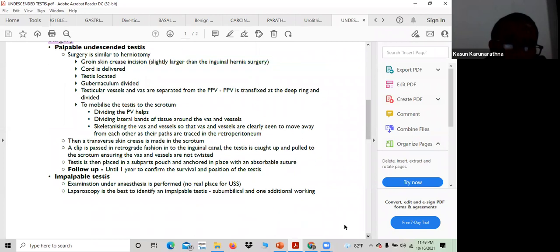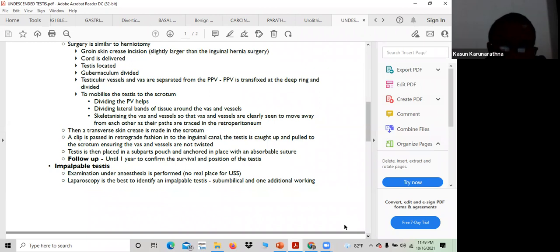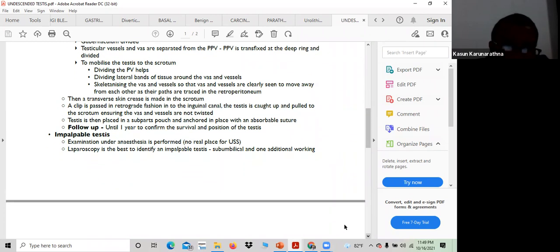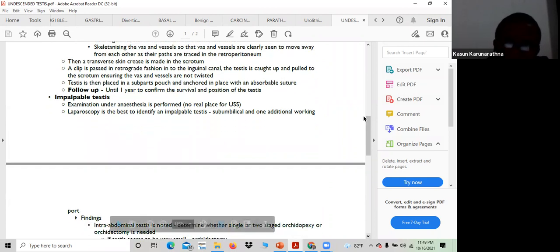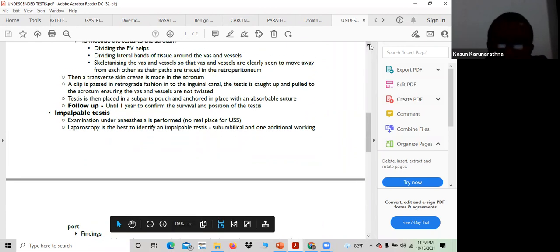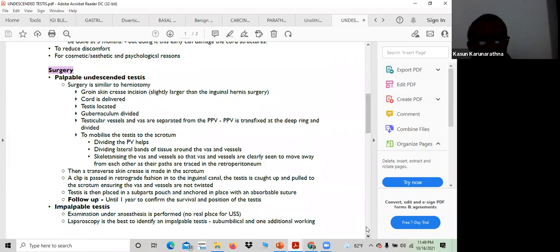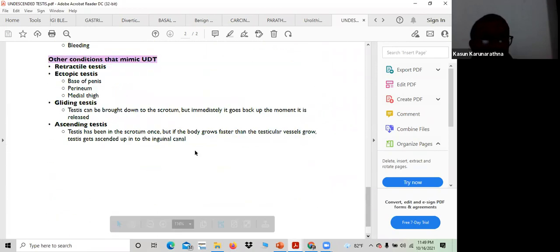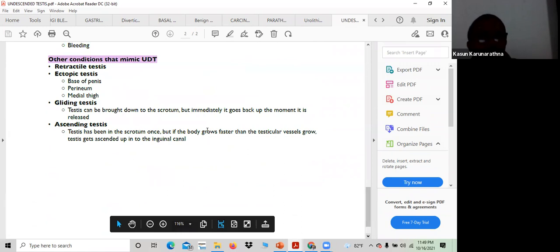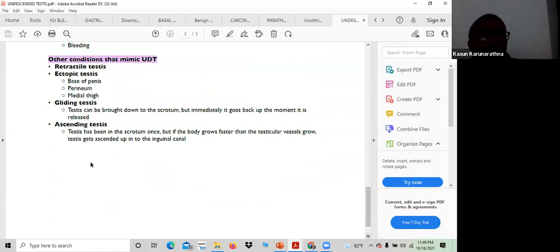The body grows up and the scrotum goes up relative to the testicular vessels. So the testis initially remains in the scrotum, later goes into the inguinal canal. That is what is called ascending testis, right? Definition: the testis has been in the scrotum once, but if the body grows faster than the testicular vessels, the testis ascends up into the inguinal canal.